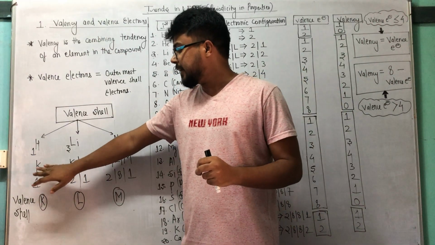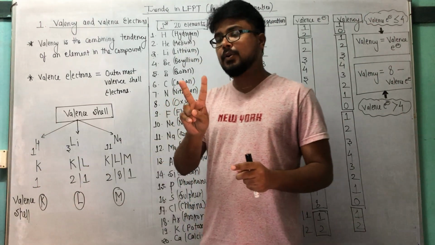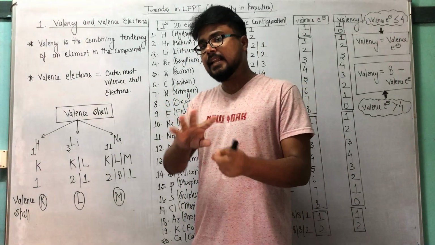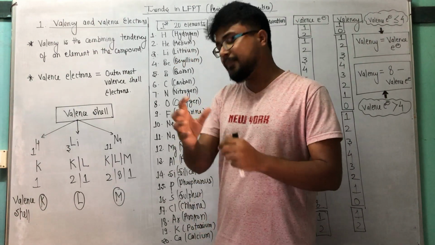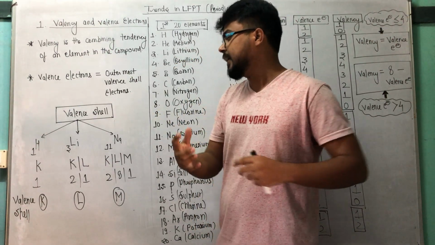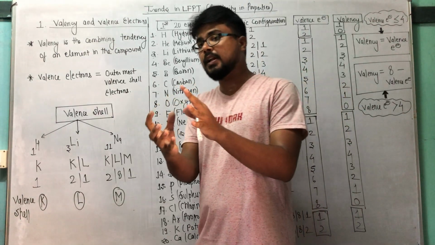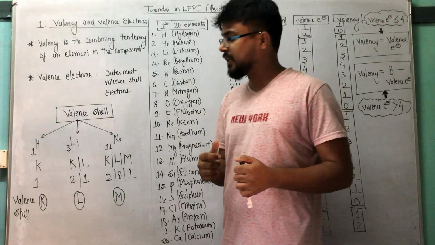The K shell can occupy a maximum of 2 electrons. Next is the L shell, whose maximum occupancy is 8. For the M shell it is also 8, and further it is N. N can accommodate 18 electrons.